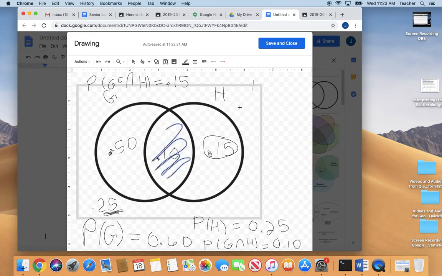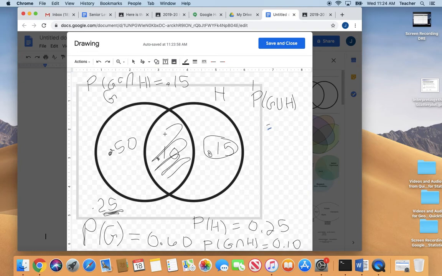So for number 6, it asks you for the probability of G, if I want to put it in probability notation, or H. So when we have the probability of G or H, you need to make sure that you only count these people that are in both sections one time, because they're in G and they're in H. So they're in this circle of G and they're in this circle of H. But you only want to account for them once, because if you add them in G and in H, you will count them twice, okay?